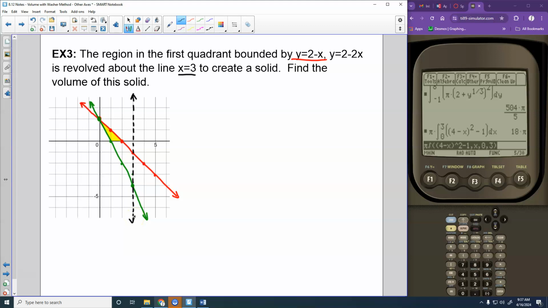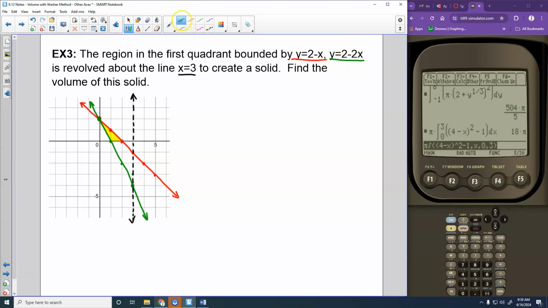So when we're setting up outside radius, again, at this point, we need to be thinking furthest away from the axis that we're rotating around and closest to the axis that we're rotating around for our capital R and our lowercase r. Which one of those graphs is furthest away from the axis we're rotating around? Yes, the 2 minus 2x, that green graph right there.